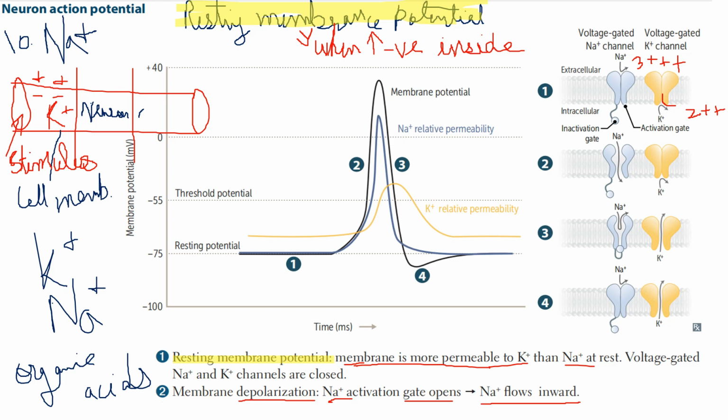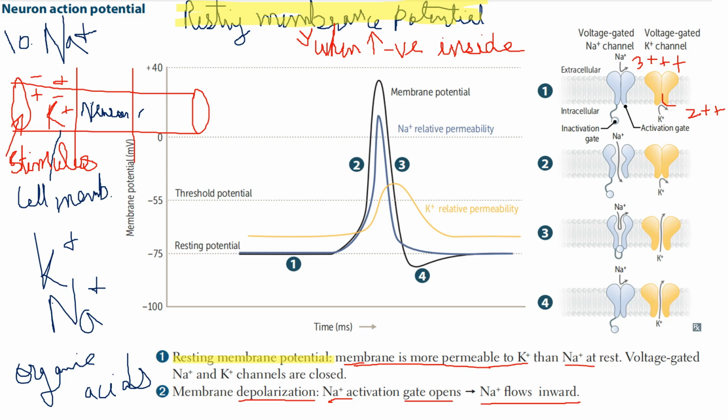Now that stimulus is going to create the disturbance, and due to the disturbance, the charges are going to differ. The positive charge is going to get in and the negative outside, because you can see the sodium ions are getting inside.